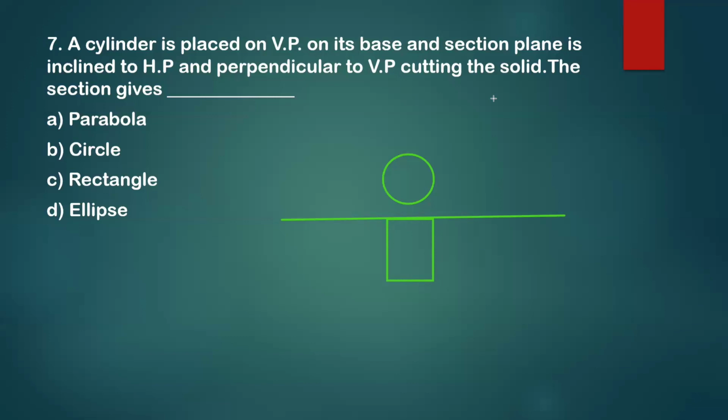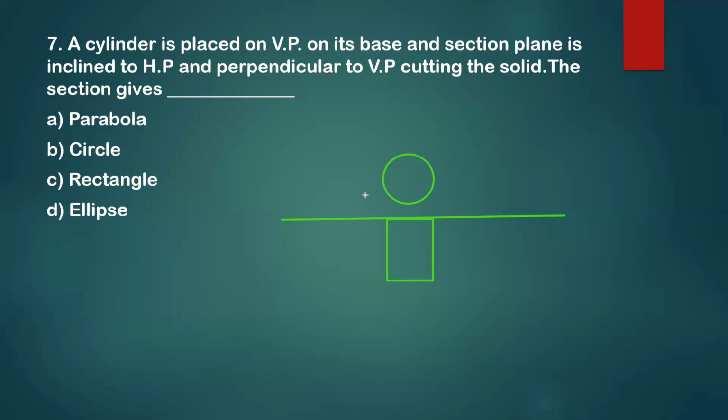As it is perpendicular to the VP, we'll get the edge view of this cutting plane in the front view. So here I'll show it. We don't know the position, meaning where that cutting plane is going to pass. So let it be any point, it will not matter.